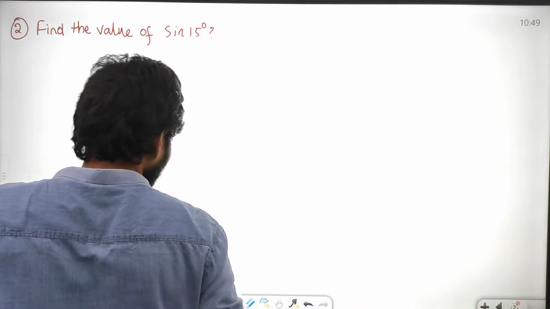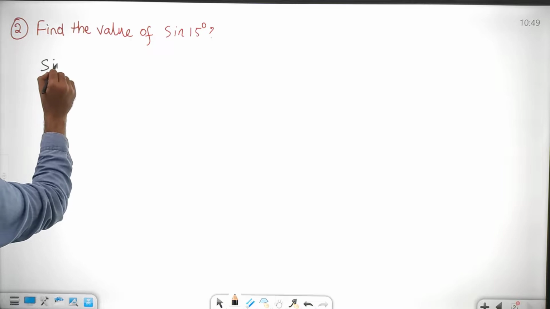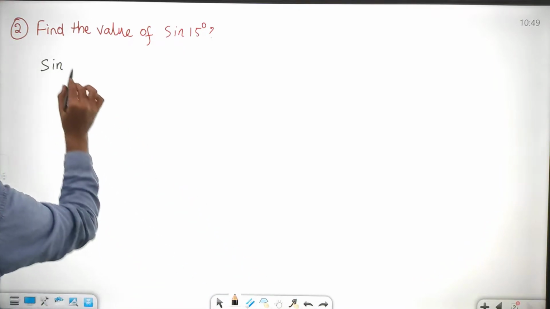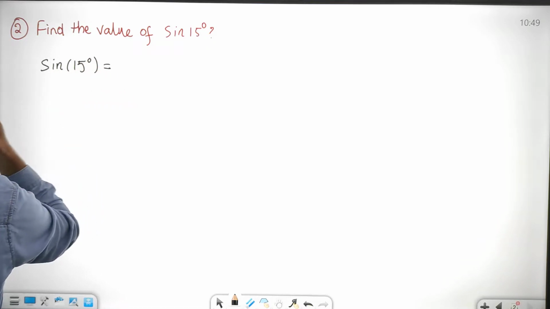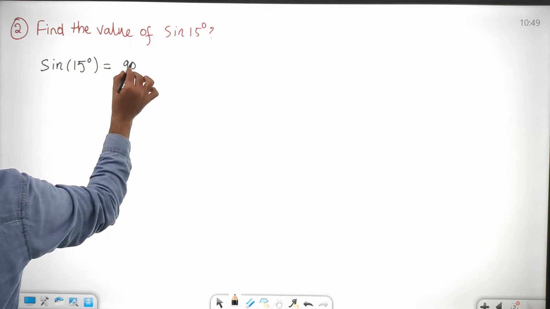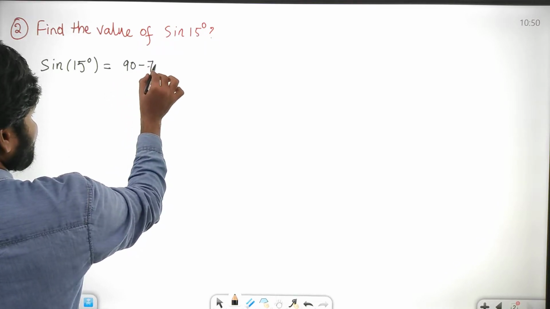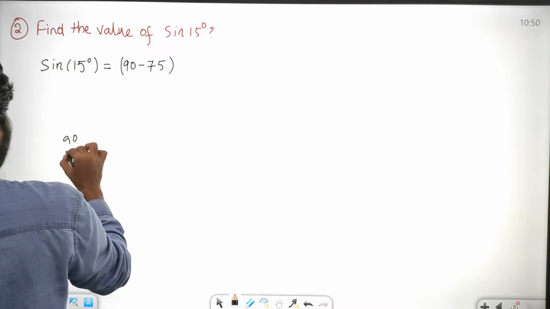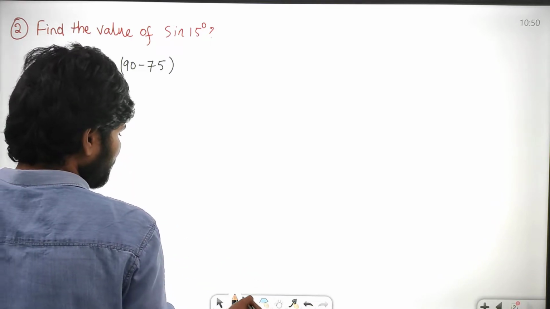So I can write sine 15 like this. How can I write it? 90 minus 75, right? If I write 90 minus 75, we will get 15. Okay, we will get it.